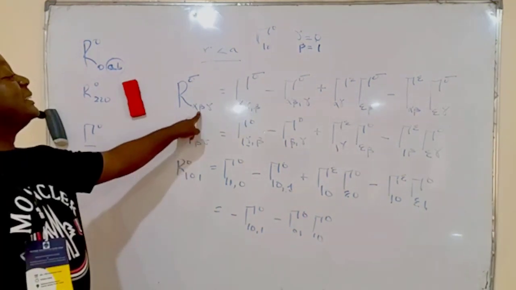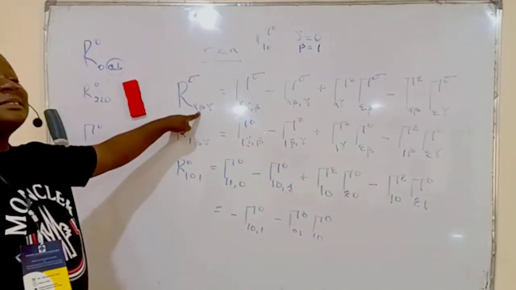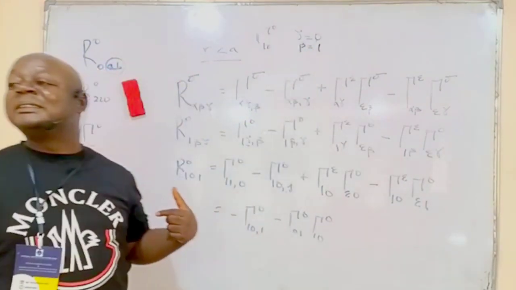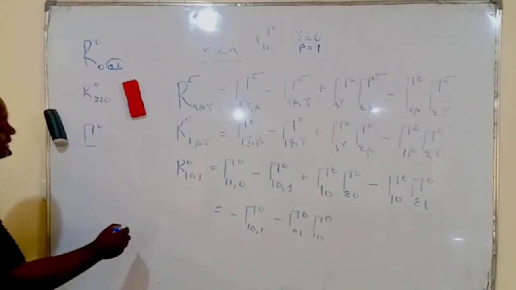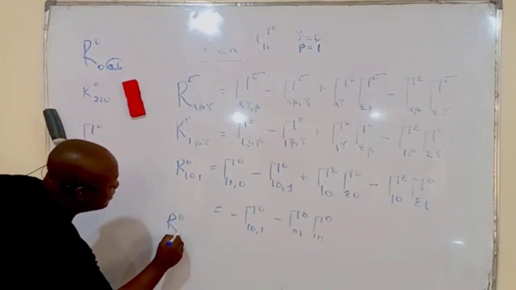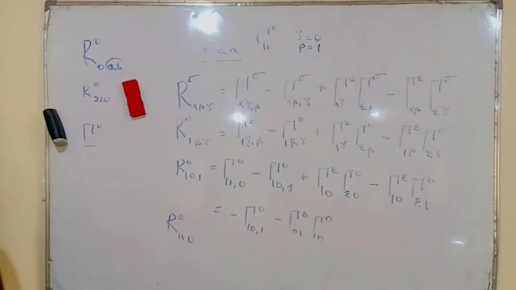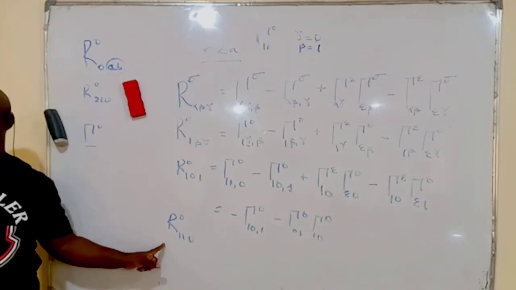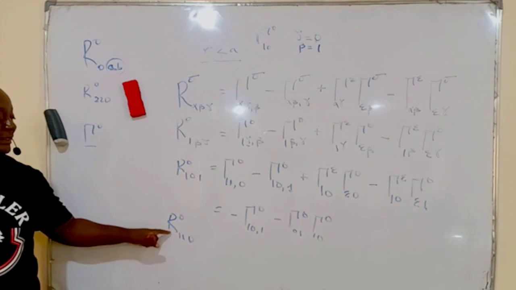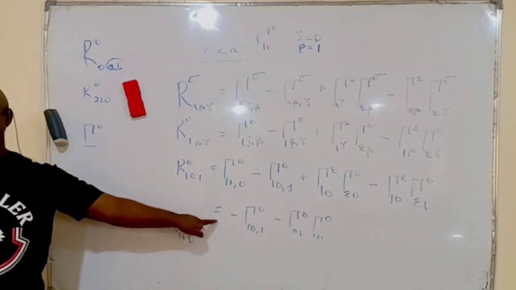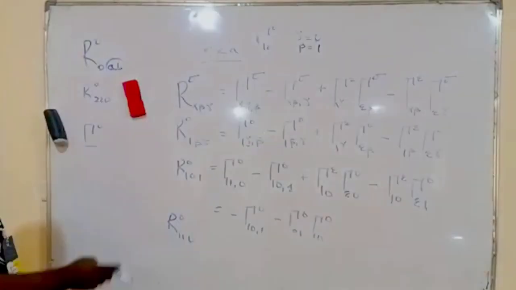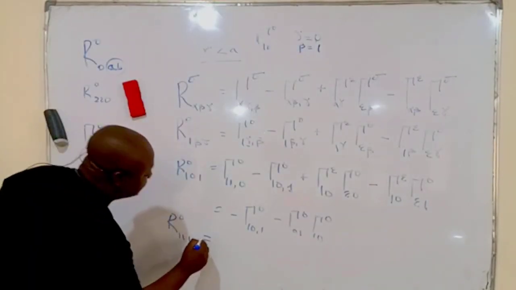Our beta was 0 before. I've just changed it now so that we do the next one. So that we'll do the case where we have R0110. So this is the one we want to do now. Because actually this one is supposed to be minus of this. It's supposed to be minus of this one. So let's see how it comes out.